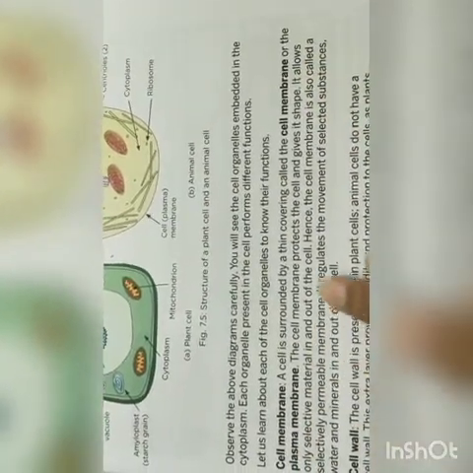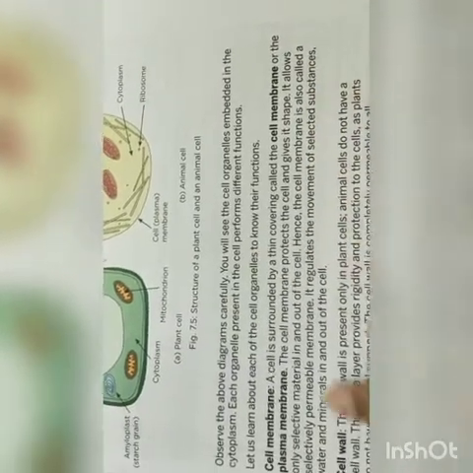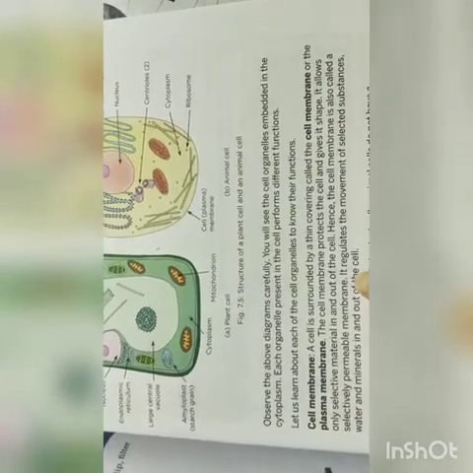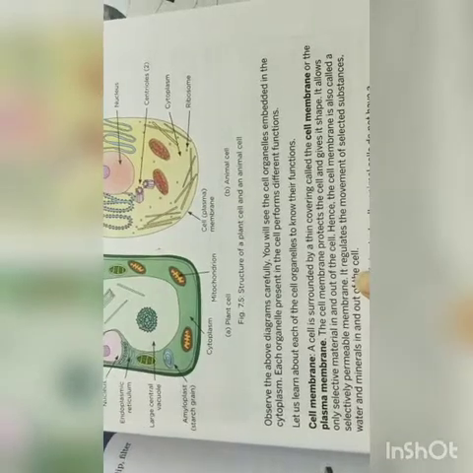It allows only selective materials in and out of the cell. Hence, the cell membrane is also called a selectively permeable membrane. It allows only the selected particles which are important for the cell to enter inside, and what is not required is allowed to go out of the cell.